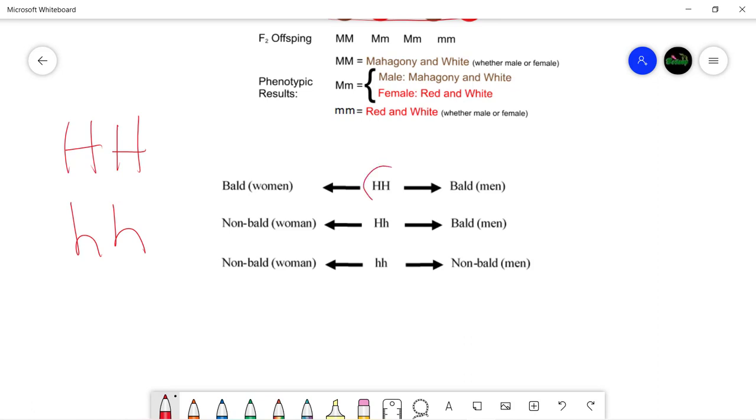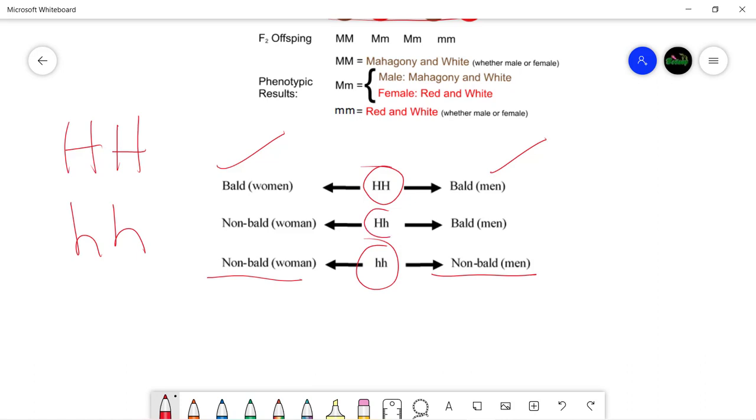When it is homozygous dominant, the men will be bald and the women will be bald as well. If it is homozygous recessive, then men and women both will be non-bald, that is, they do not lose the hair from their head after a certain age.